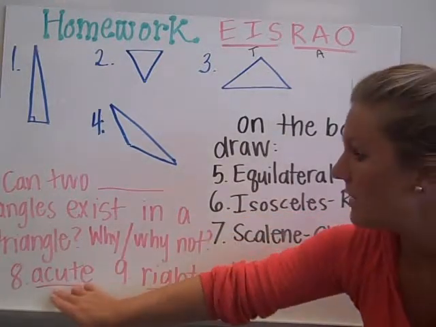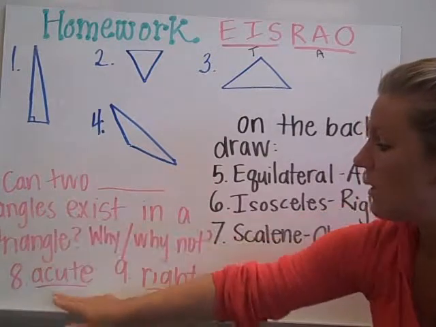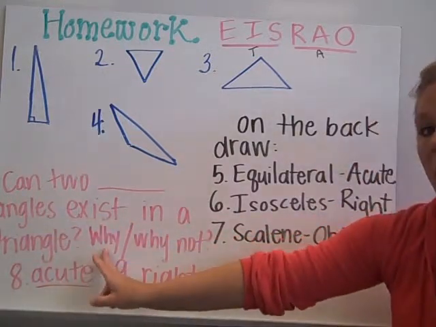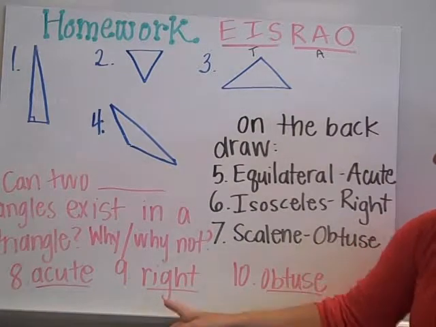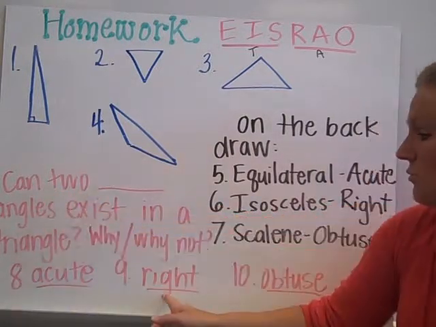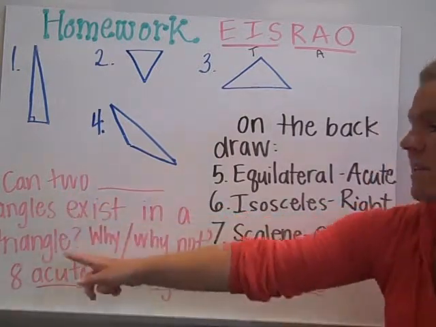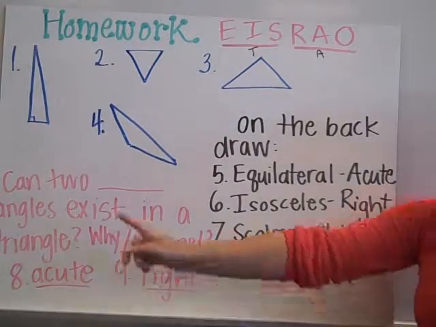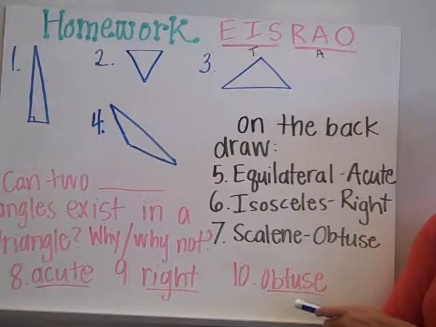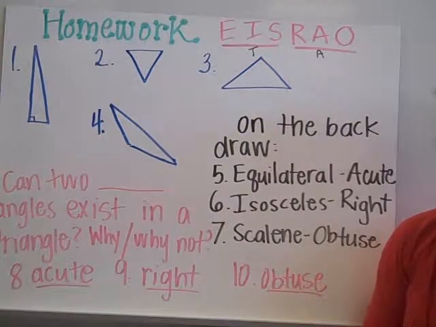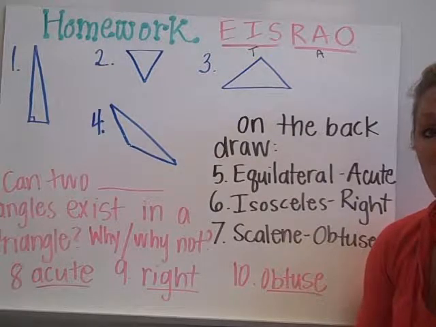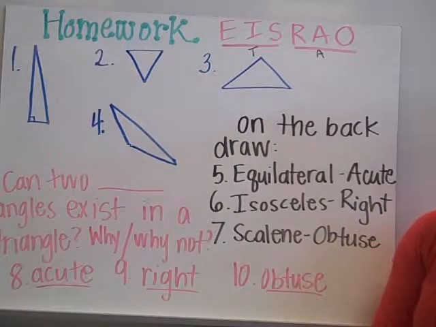So for number 8, it would read, can two acute angles exist in a triangle? Why or why not? Number 9 would read, can two right angles exist in a triangle? Why or why not? And number 10, can two obtuse angles exist in a triangle? Why or why not? You may need to try and draw it out in order to help you answer those questions. All right? Good luck.